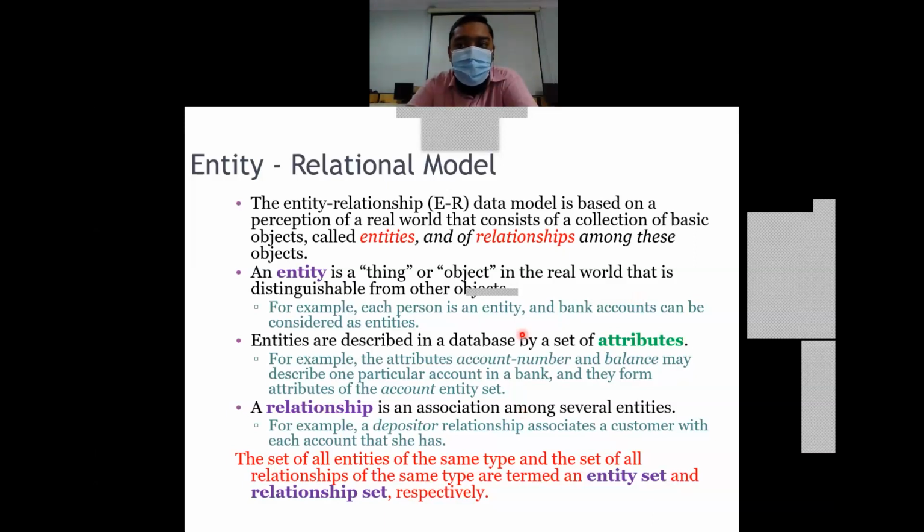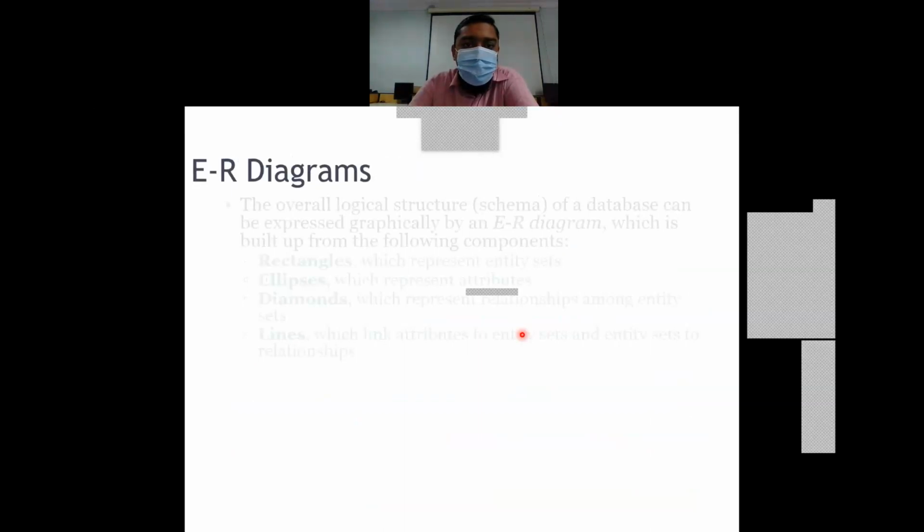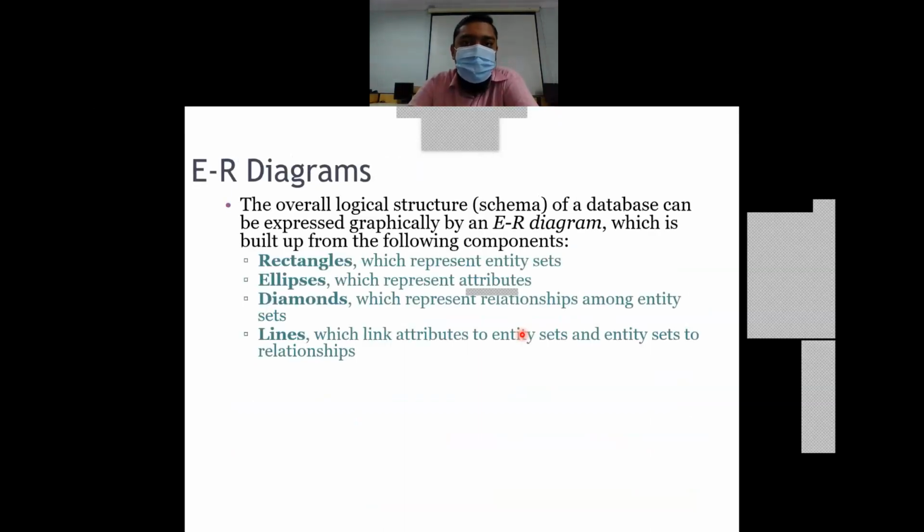Again, revising back, it should be very clear for us. Entity is anything that exists in the world and can be distinguished from other things. Similarly, relationship is nothing but an association among the entities. So, the diagram is mainly composed of how you depict entities, how you depict relationships, how you depict the attributes.